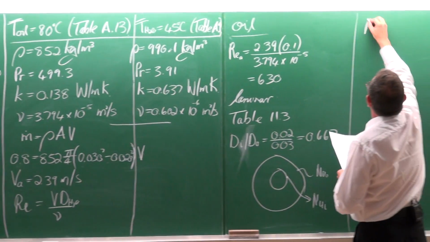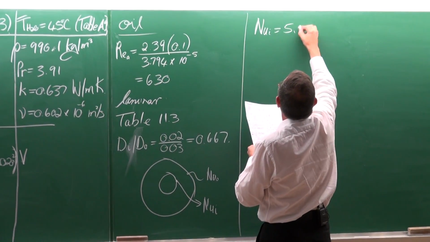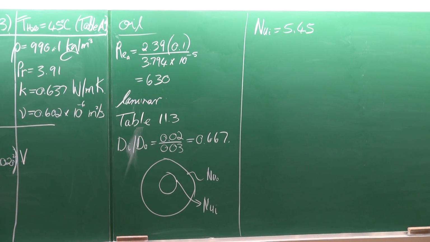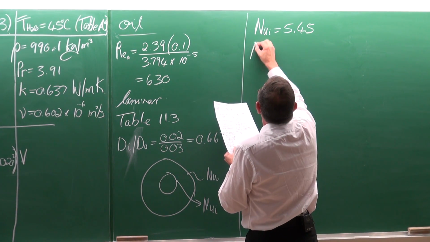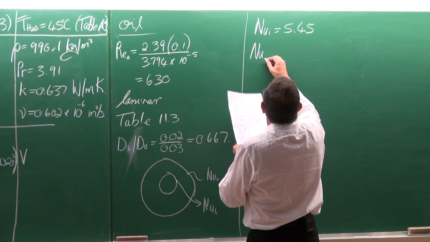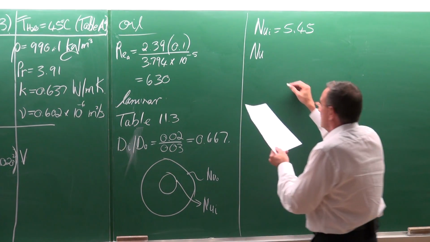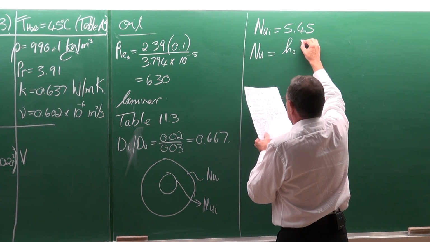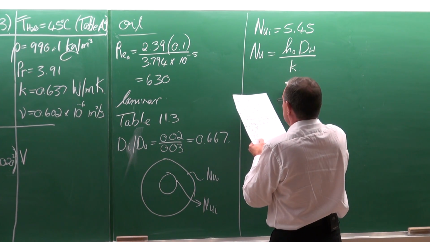For that case, the Nusselt number on the inside is equal to 5.45. So the Nusselt number is then equal to the heat transfer coefficient times the hydraulic diameter divided by the thermal conductivity.